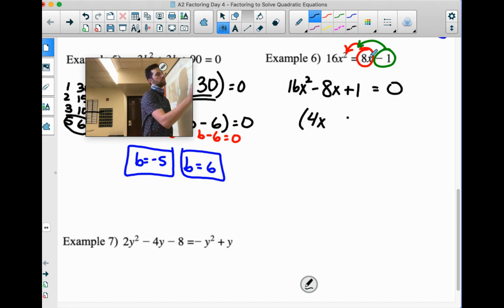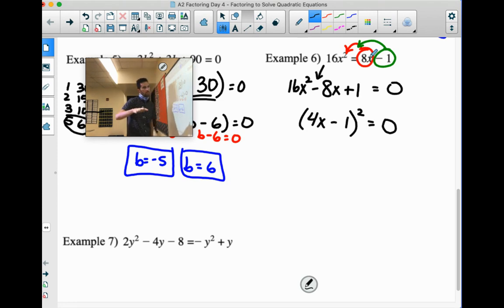Square root of 1 is 1. The symbol in the middle would be that first symbol, which is minus in this case. But double check. Make sure it's one of those. Remember, you could double check by multiplying them together and then multiplying by 2. 4x times negative 1 is negative 4x times 2 is negative 8x.